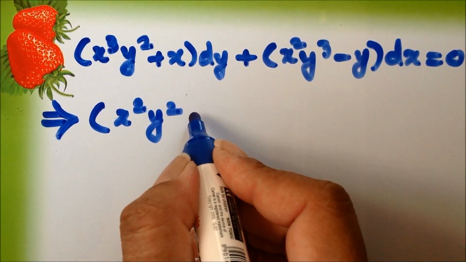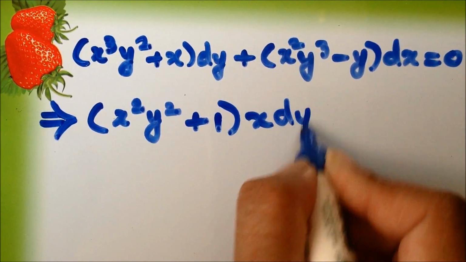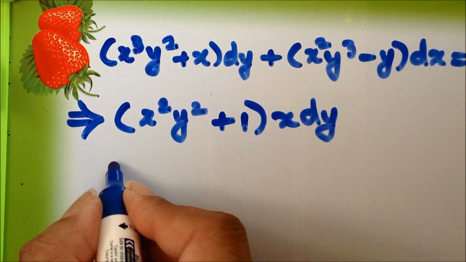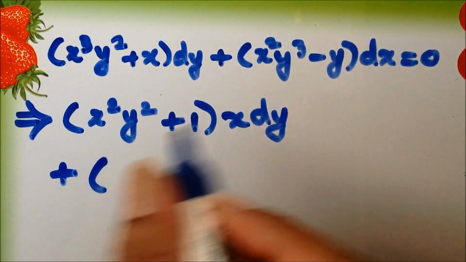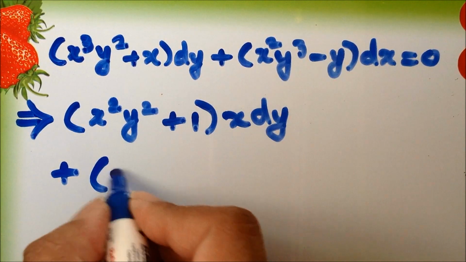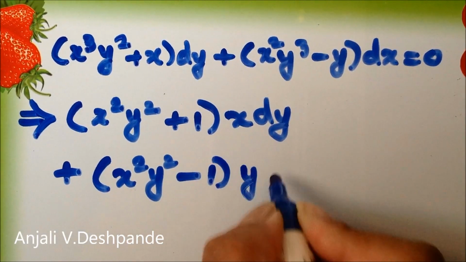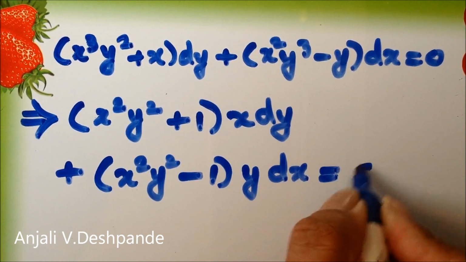So I am going to take the x outside and write like this: dy plus, from the second term, I will be taking y outside, so I will write (x square y square minus 1) into y dx is equal to 0.